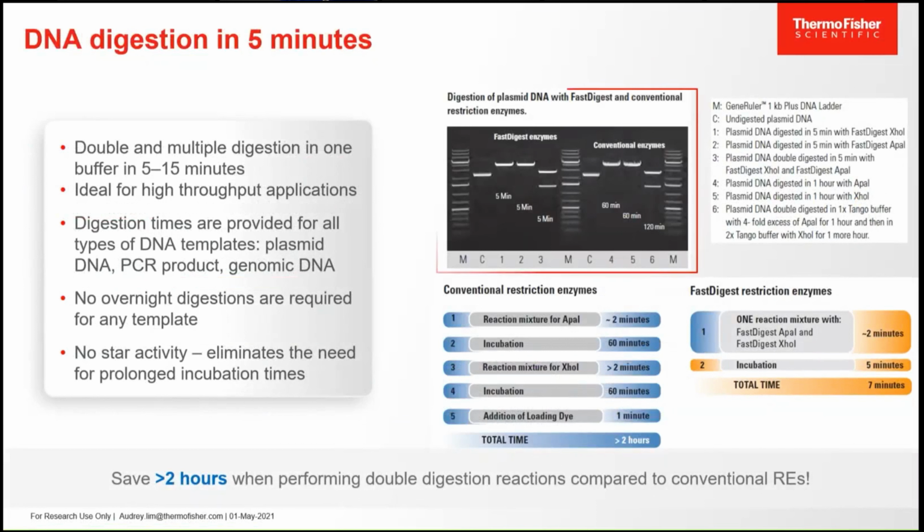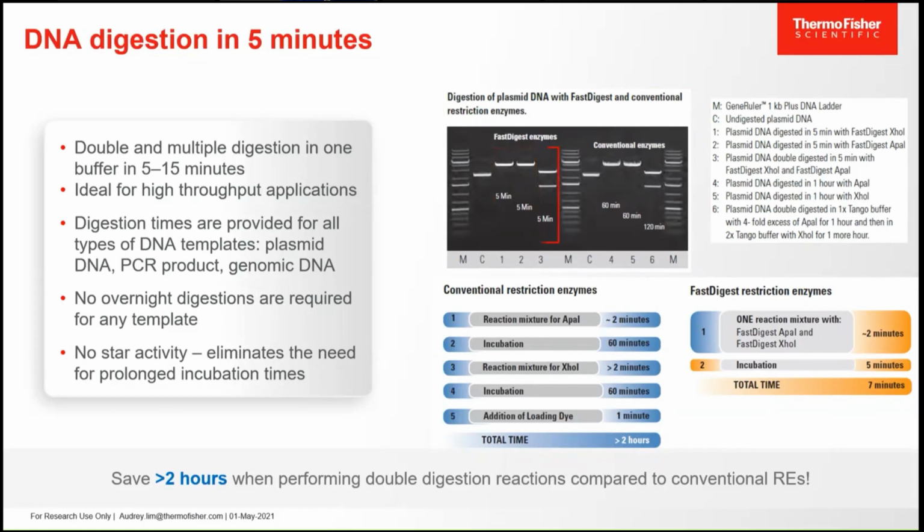In the gel image here, you can see the comparison of digestion time between FastDigest and conventional restriction enzymes and their performance. With FastDigest, the digestion is complete in just 5 minutes for the double digestion, meaning XhoI and ApaI here.